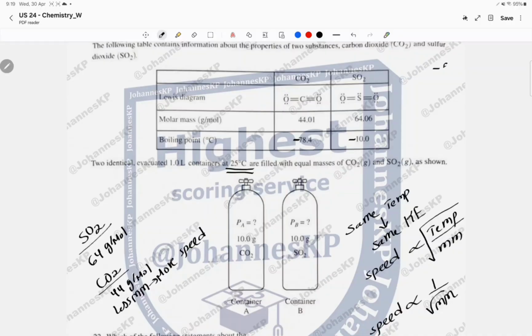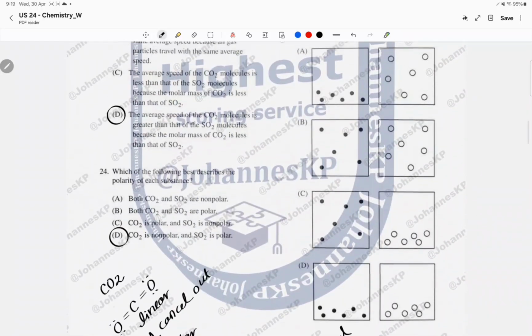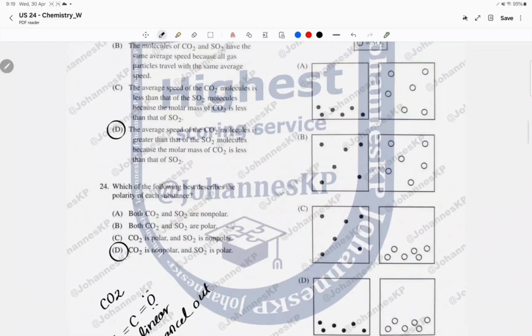That means at negative 50 Celsius, the CO2 would have already become liquid. But at negative 50 Celsius, the SO2 is still in the gas state. So CO2 has to be a liquid, SO2 has to be a gas. So CO2 a liquid, SO2 a gas, and so the answer is going to be choice A.